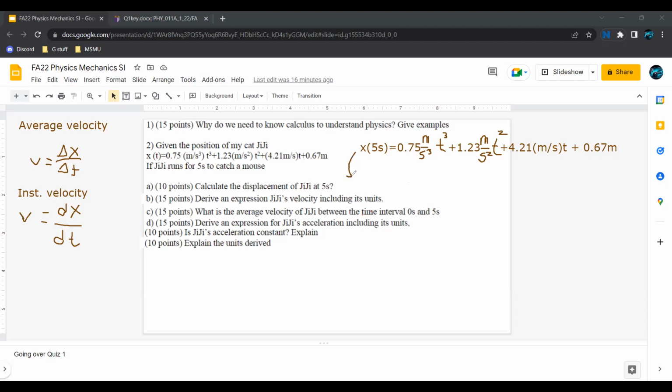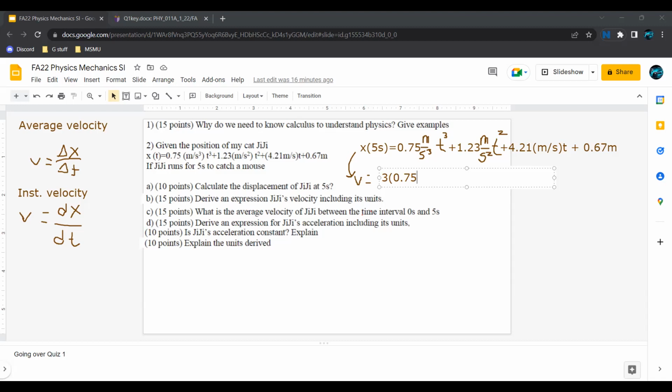So then, to turn this into v, we are going to do the power rule. That means that the 3 from the t is going to come down, and we'll multiply it by the coefficient that's already there.